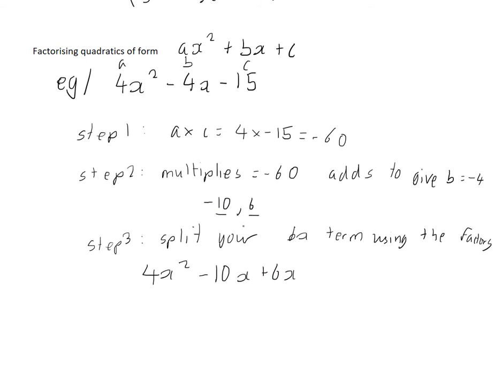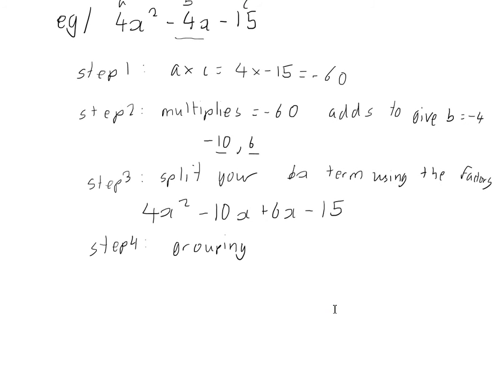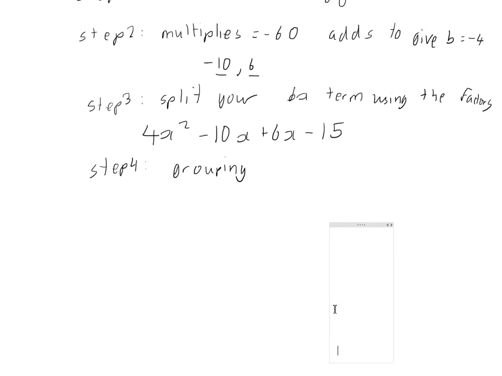So that's just splitting the negative 4x. Negative 10x plus 6x is negative 4x, minus 15. Now I've got something that we've known how to do before. Then step 4 is grouping. So see if you can, from here, solve it using the grouping method we looked at in part 1. I'll give you a moment to do that.